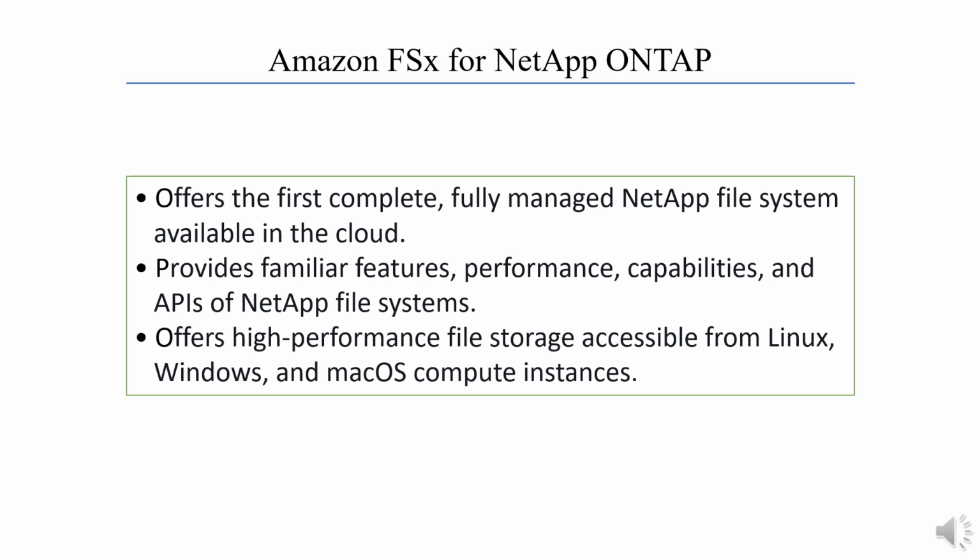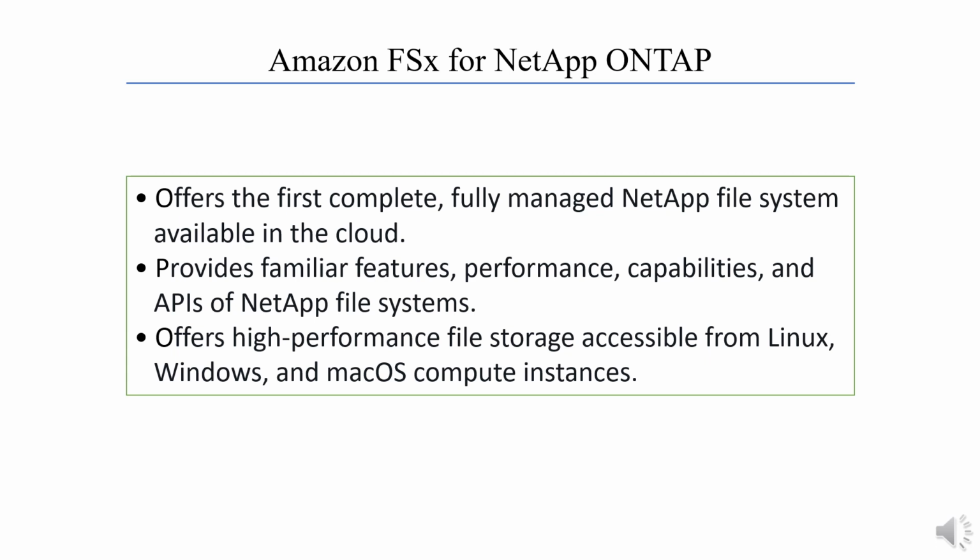Amazon FSx for NetApp ONTAP offers high-performance file storage that is broadly accessible from Linux, Windows, and Mac OS compute instances via the industry standard NFS, SMB, and iSCSI protocols.